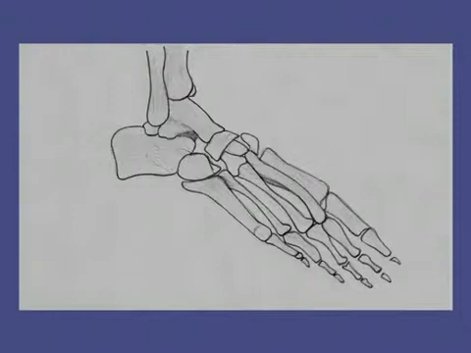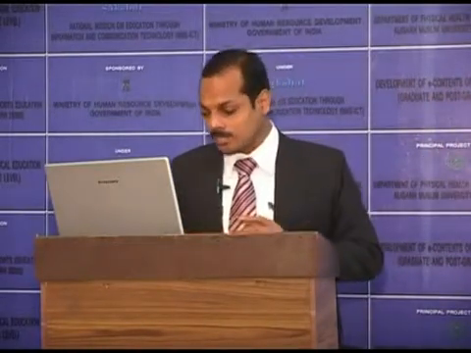The variation in this interphalangeal joint is that the great toe has only 1 interphalangeal joint. At the same time, the other toes, that is the second to 5th toe, have 2 interphalangeal joints or IP joints, the proximal interphalangeal joint and the distal interphalangeal joint.